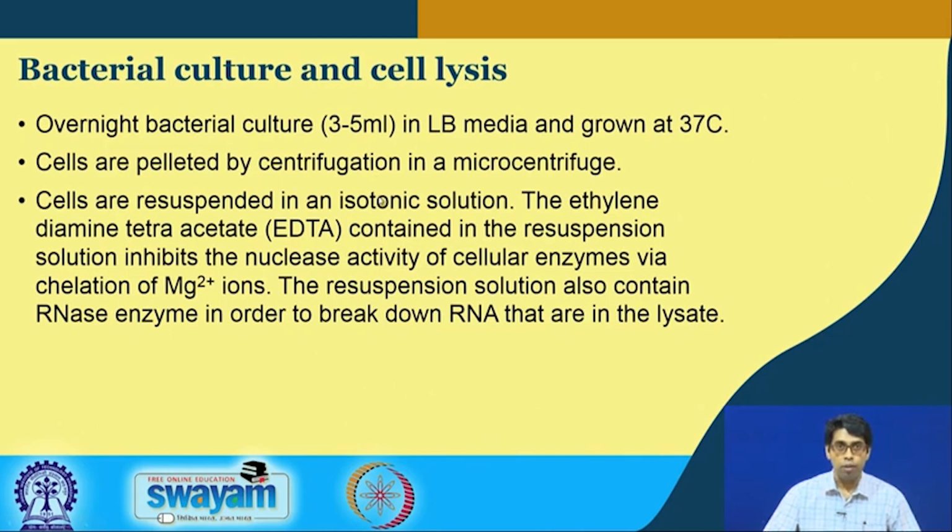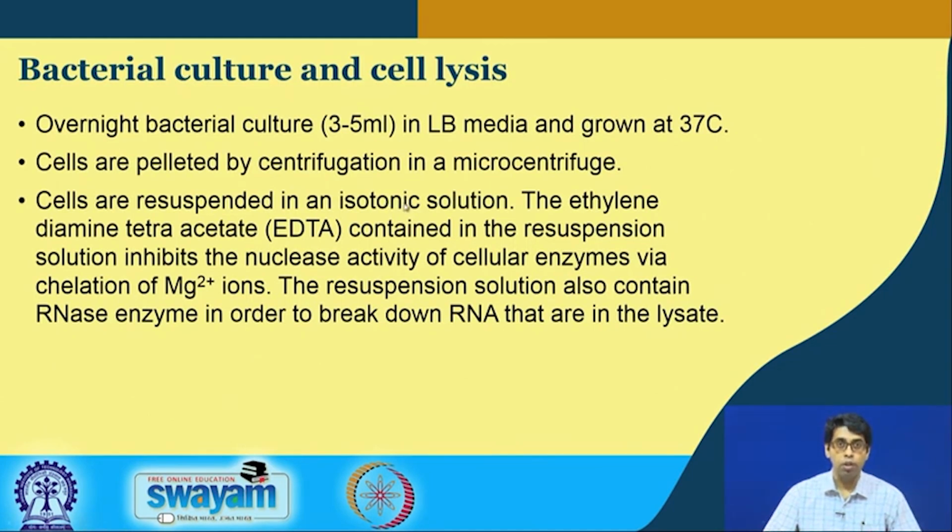This is very important because the bacterial cell membrane acts like a semi permeable membrane. We have intracellular components, so it is basically a solution inside the bacteria, and the bacteria is suspended in some buffer which has some ionic strength.